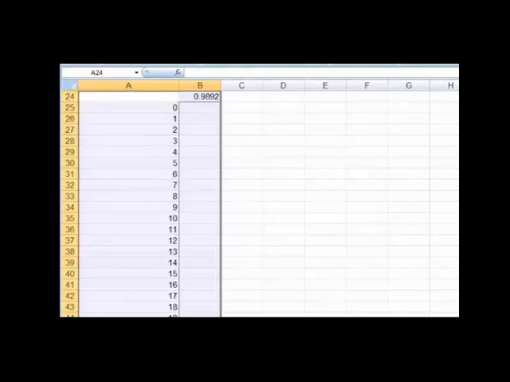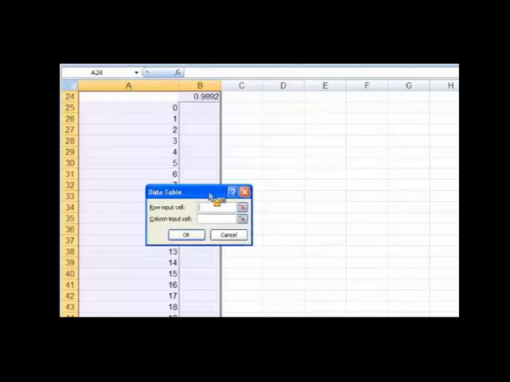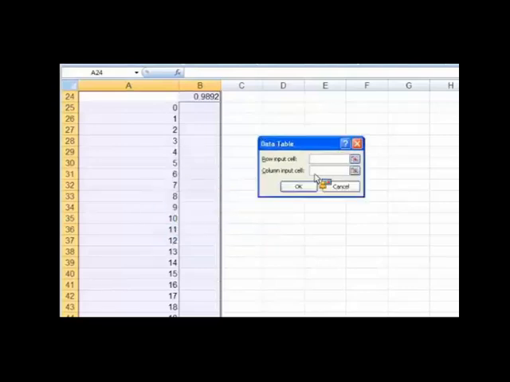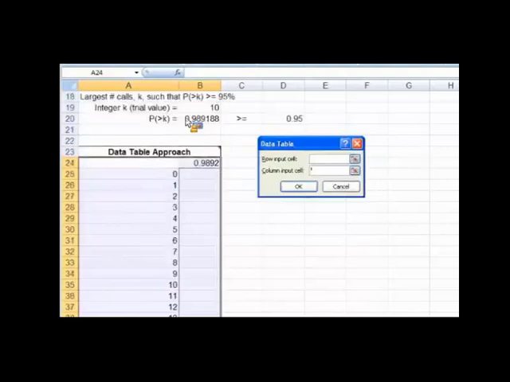I'll go to Data, What If Analysis, Data Tables, and in this case my trial values are in a column. And where do I want to input each of these trial values? Right up into the cell where I was putting my trial values before, which in my case is going to be B19.